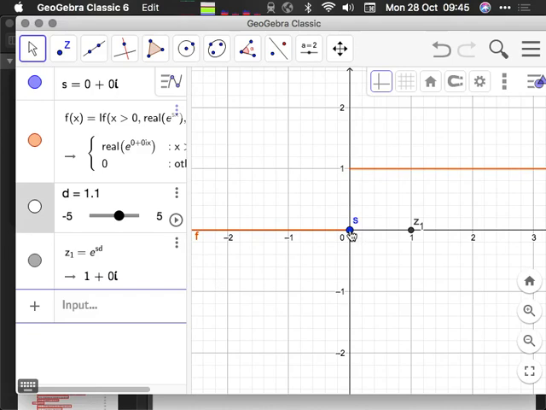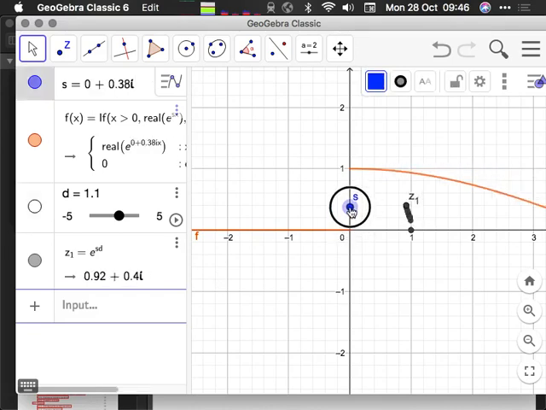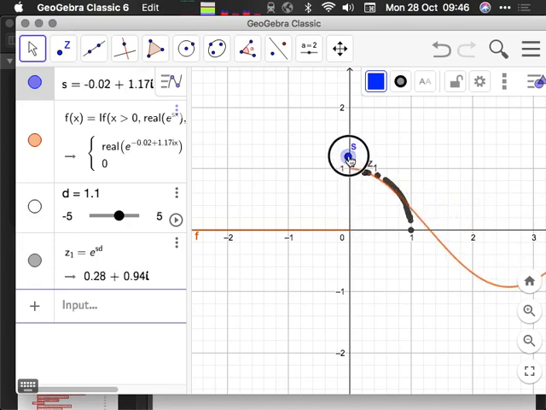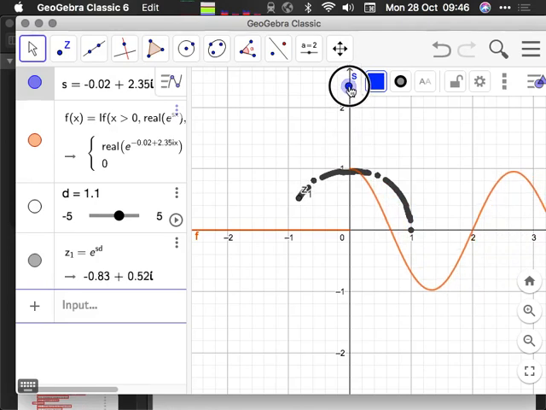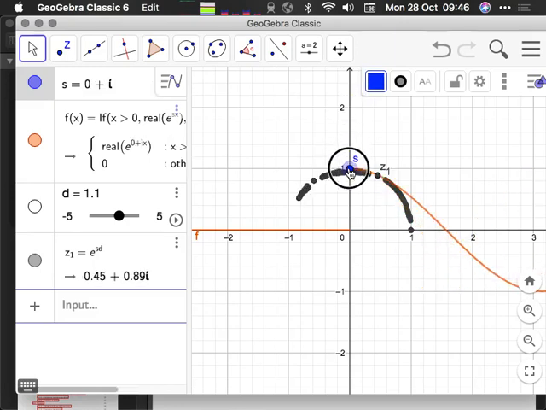So observe what happens as I move s along the imaginary line. As I move s up and up and up, look at what happens to Z. Z eventually will describe a full unit circle.